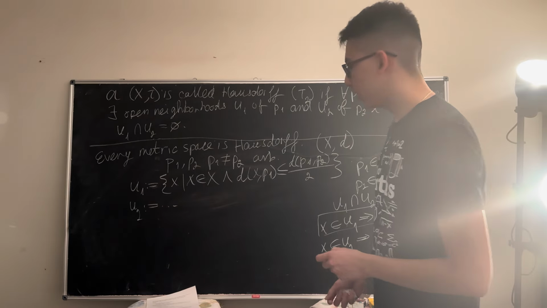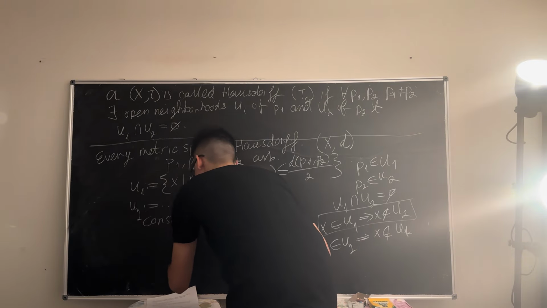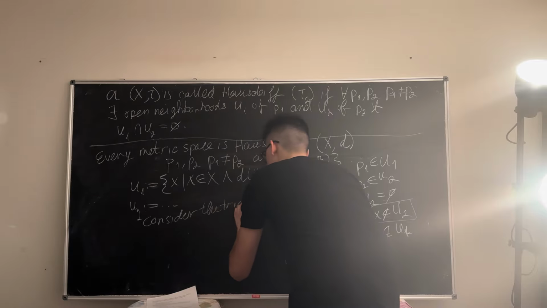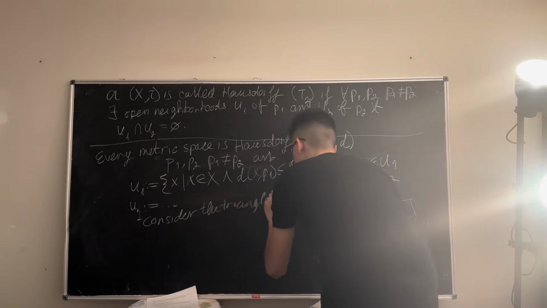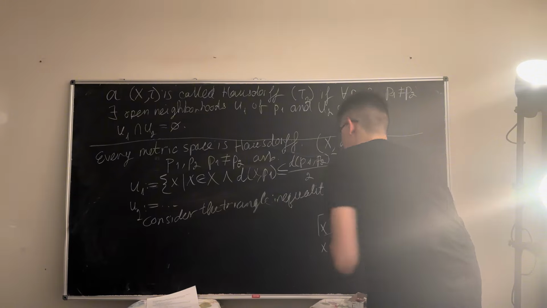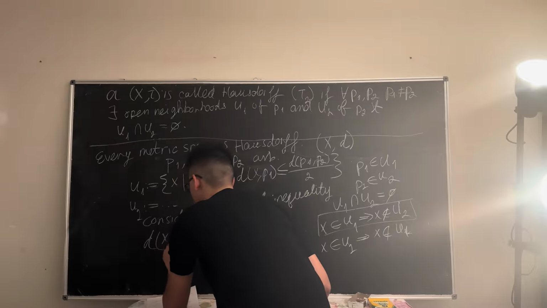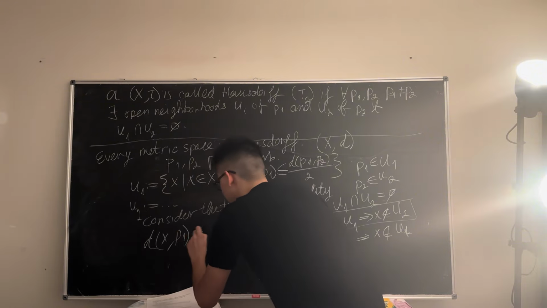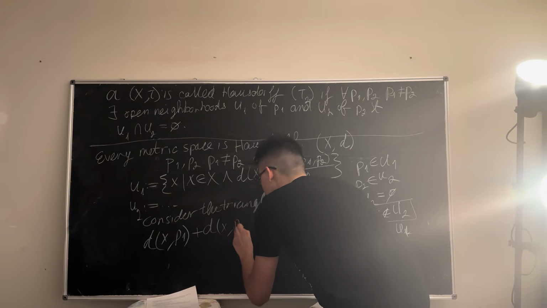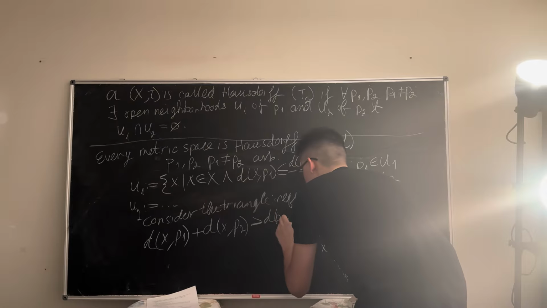And to do this, we consider the triangle inequality, which states that the distance between x and P1 plus the distance between x and P2 is greater than or equal to the distance between P1 and P2.